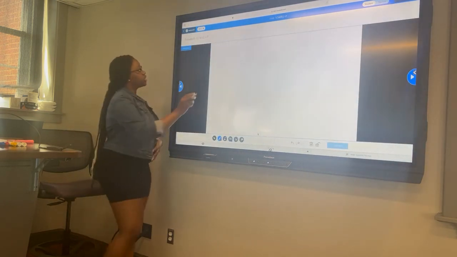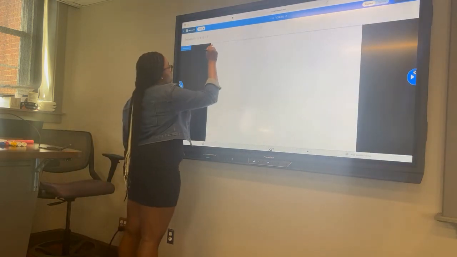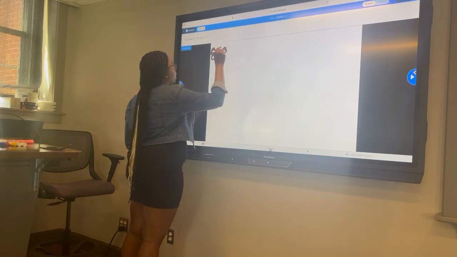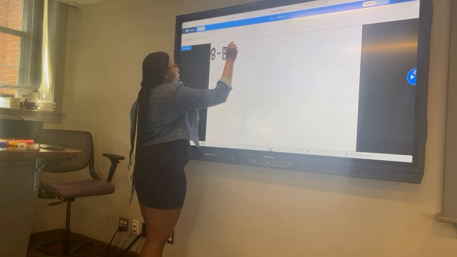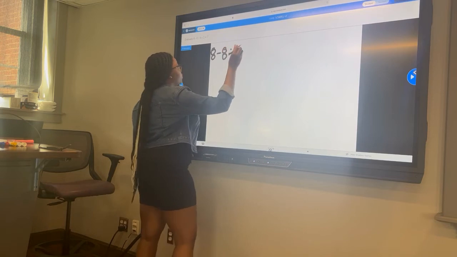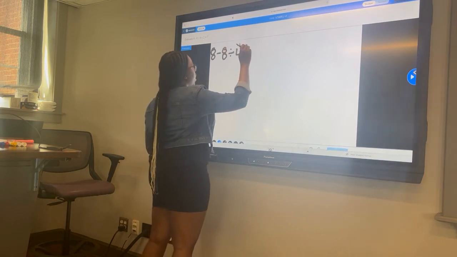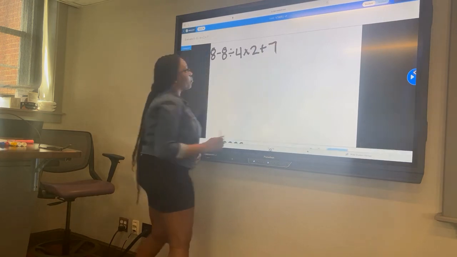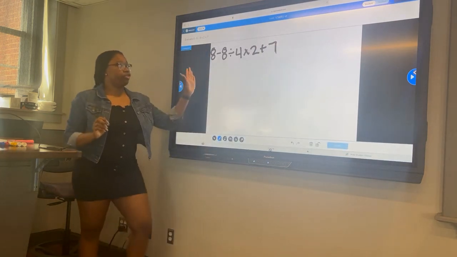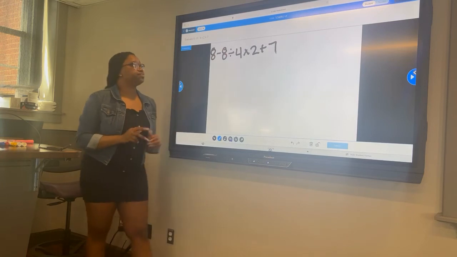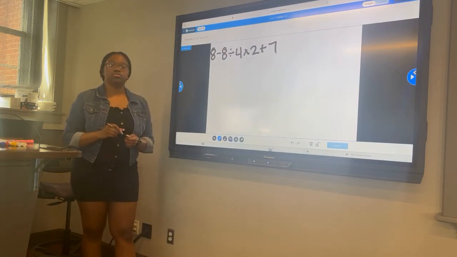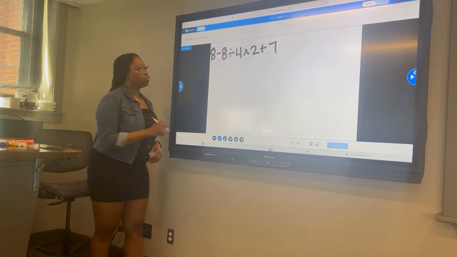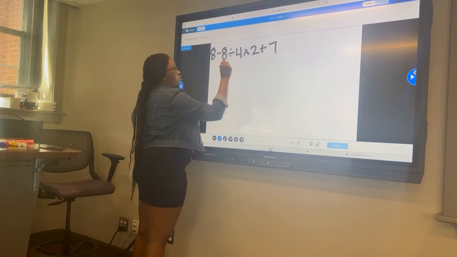Okay, our last evaluation is 8 minus 8 divided by 4 times 2 plus 7. What would be our first step going from left to right? Do 8 divided by 4, which gives us 2.